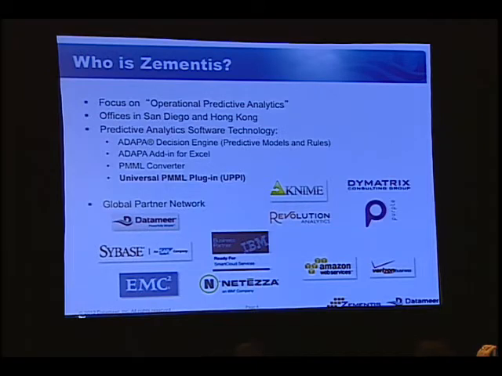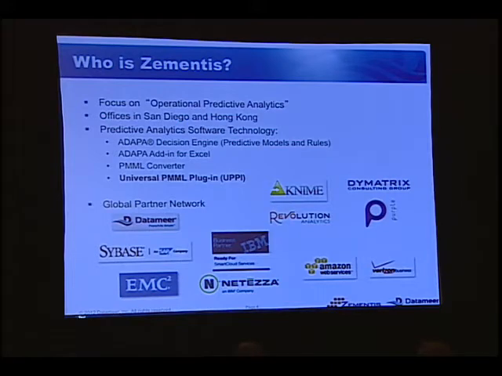And today's topic is really on the Universal PMML plugin. In addition, we also have standalone versions that sit outside of Hadoop infrastructure. It's called Adapa. It's a decision engine that includes predictive analytics and rules. And it's available, for example, on IBM SmartCloud as well as Amazon EC2.